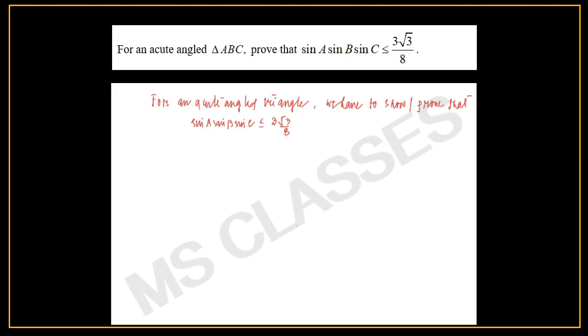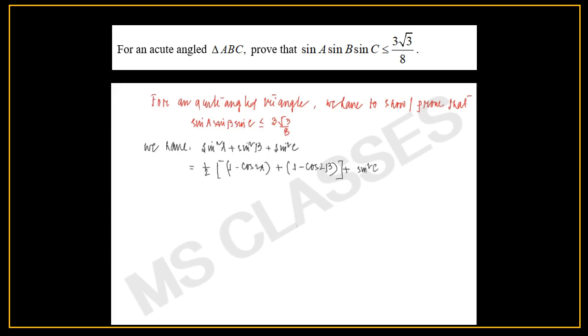So we started in this way that we have sine square A plus sine square B plus sine square C will be reduced as half common, 1 minus cos 2A plus 1 minus cos 2B, and sine square C we keep as it is.